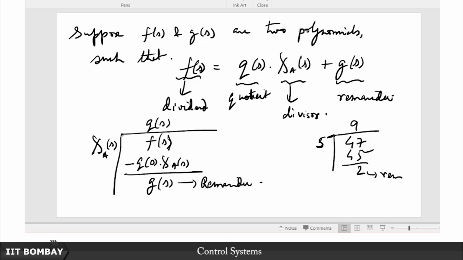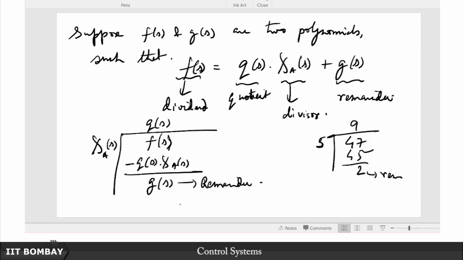So similarly you stop here because now if you try to divide this G(s) by this divisor, this remainder by the characteristic polynomial, then you will no longer get a polynomial as a quotient, you will actually get some rational function. So you stop your division, just like here you would have got a fraction if you had divided further, no longer an integer.